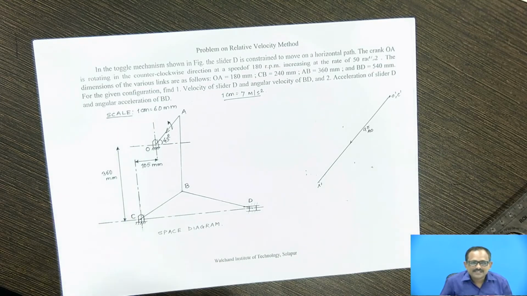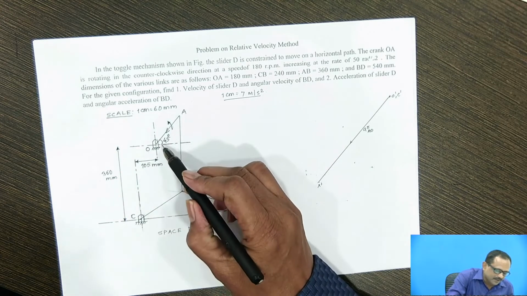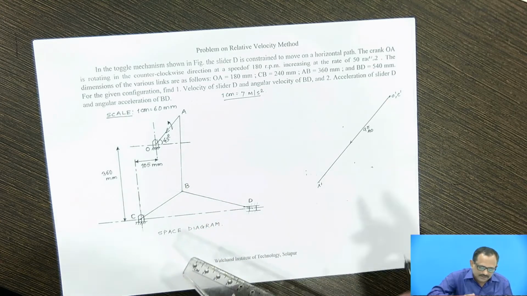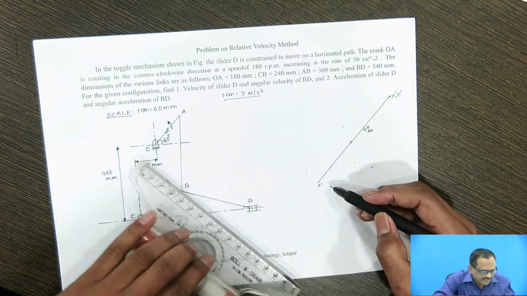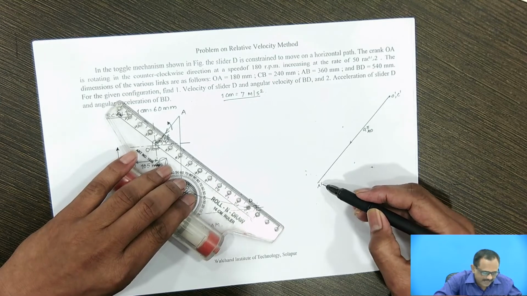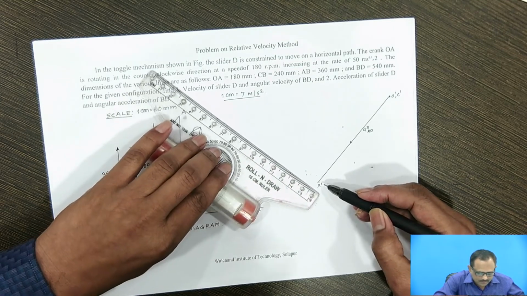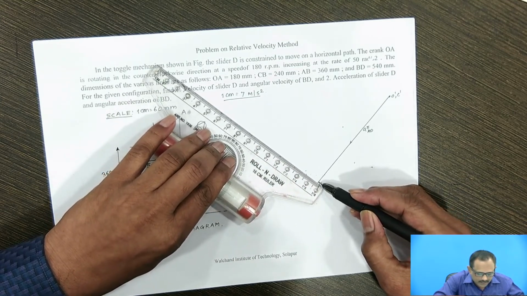Its tangential acceleration is 9 meters per second square. Tangential acceleration always acts perpendicular to link AO, or perpendicular to the radial. So, from point x dash, draw a vector perpendicular to link AO.